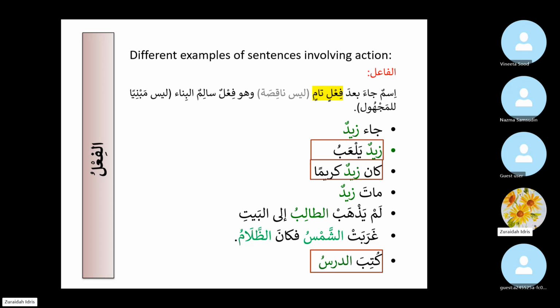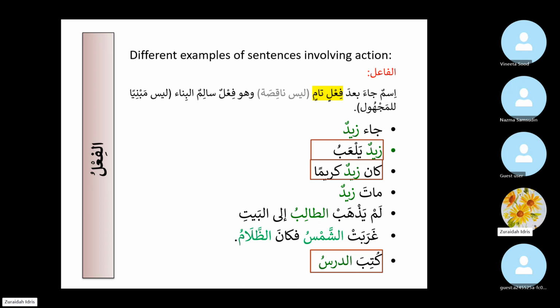All right. So it's very important to understand that sometimes what we see as naqis can be seen as a complete fi'l. That's why I added this example. There are two things that you must have for a fi'l to be complete. Just two things. Remember this. One, something that happened, hadath, something took place.